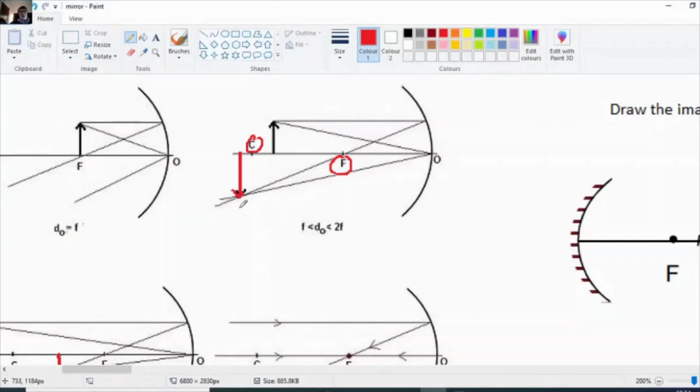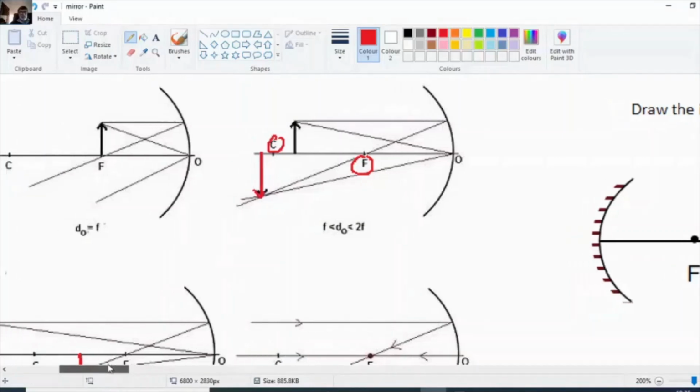Why? Because the working area is rather small. That's why this is not a good condition for having an enlarged image with which the doctor can do his work. On the other hand, the image formed here is an inverted image. That's also a disadvantage for the doctor.